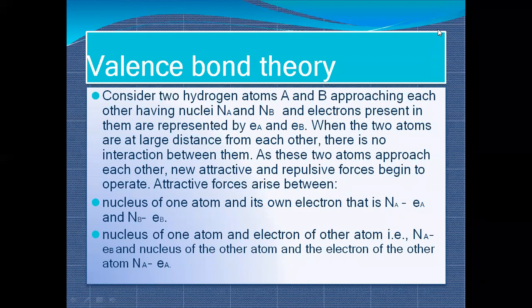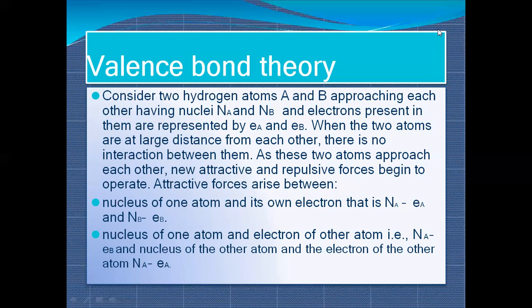So attractive force exists between the nucleus of one atom and its electron. We know that electrons are attracted by the charge offered by the nucleus. Attraction also exists between the nucleus of one atom and the electron of the other atom, that is Na and Eb, and the nucleus of the other atom and the electron of the first, that is Nb and Ea. So whenever they come close to each other, they will feel some attraction and repulsion.